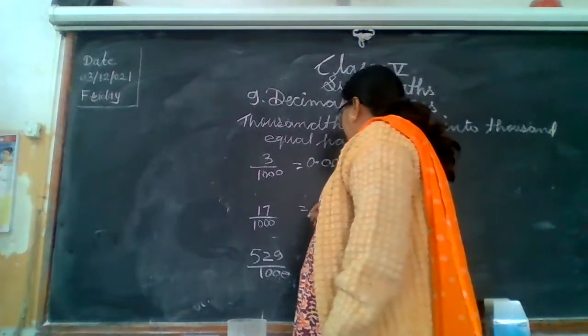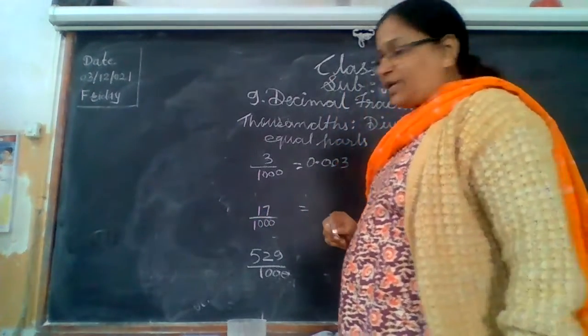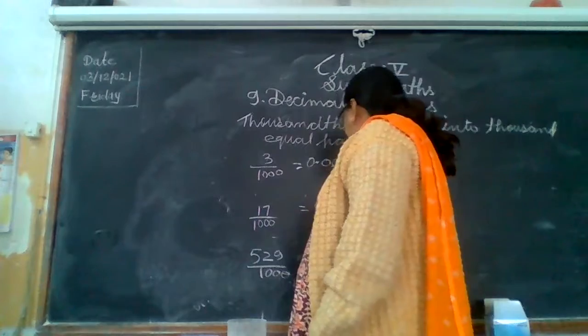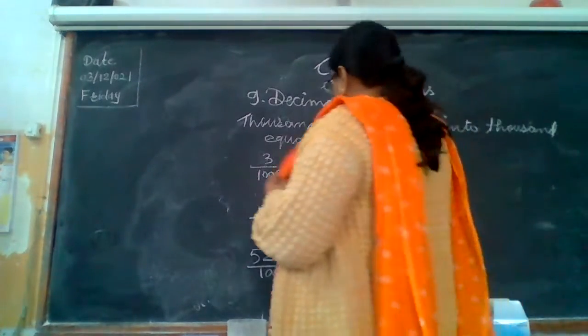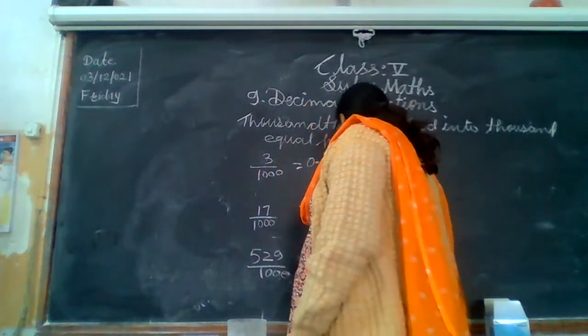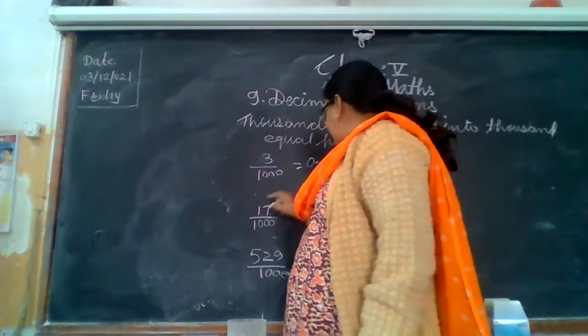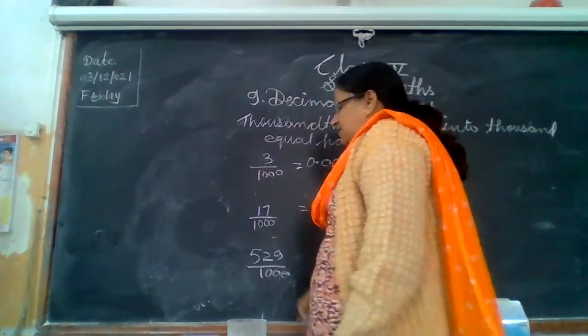17. Ones, tenths, hundredths. Here there is no thousandths place, so this 0 is for the whole number, no whole number is there. The hundredths place is also missing. And 1 is the tenths place, and this 7 the hundredths place.